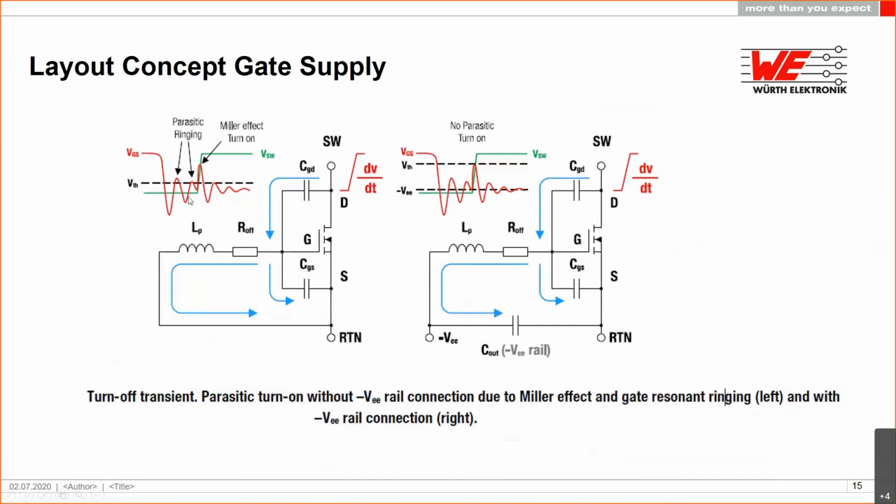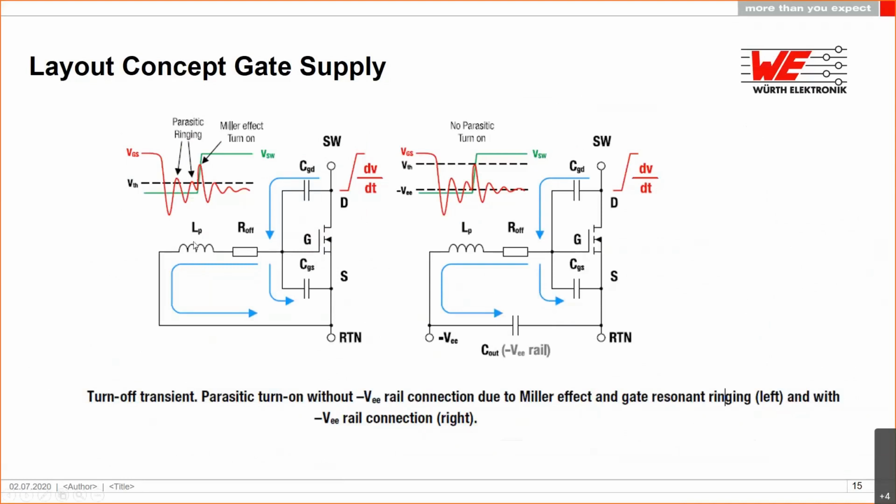So what can it look like? Due to the Miller effect, if you have a bad layout, which means a high inductance in the gate drive system, the Miller effect can accidentally turn on the other FET on the high side or on the low side, depending on who's switching at the moment. This is something we would like to avoid. Therefore, we need a very low gate inductance.